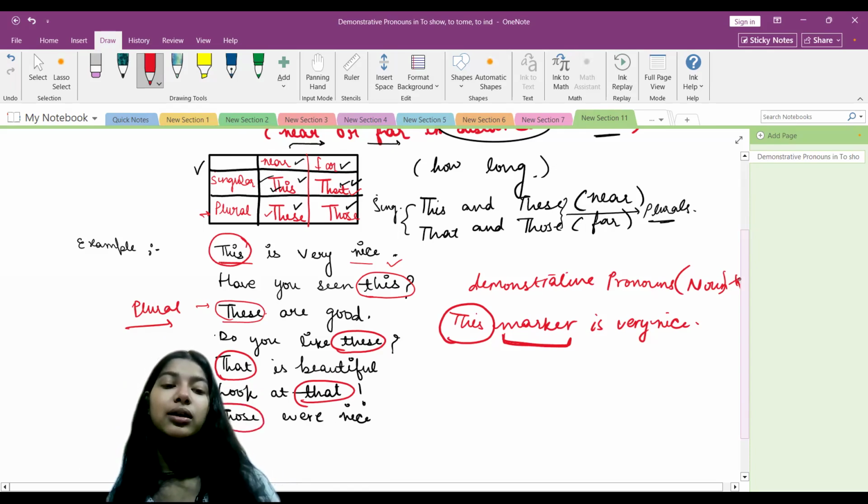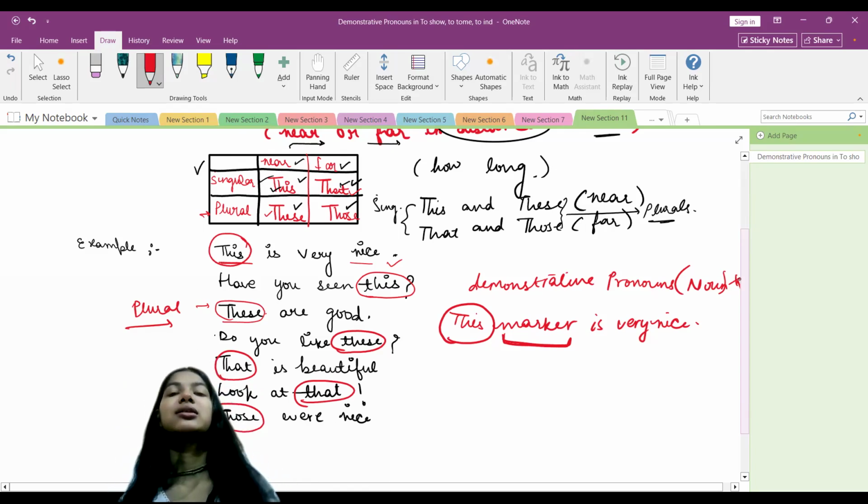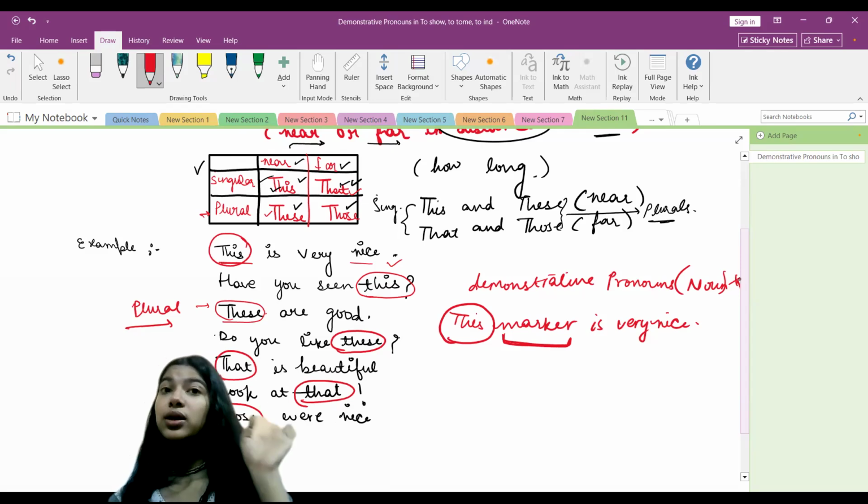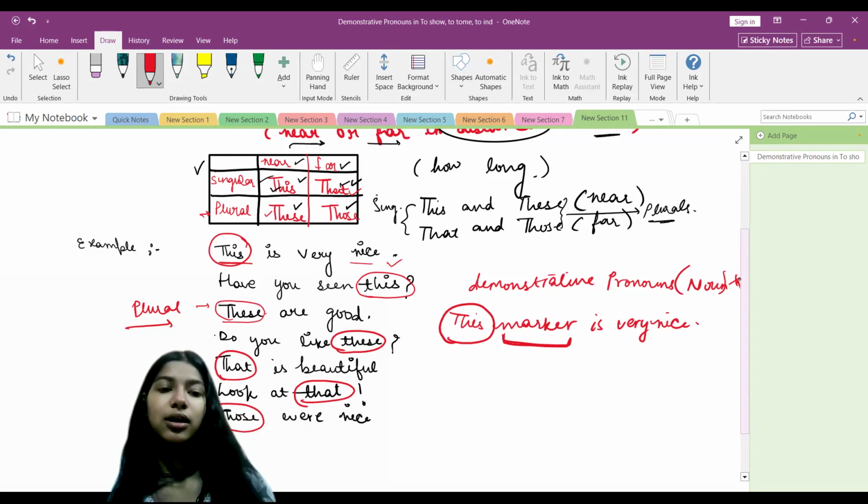Those were nice. Let's take a scenario where we go to the market and see some clothes, and now we came back. So we said those were nice. In all of these, we were talking about the distance.